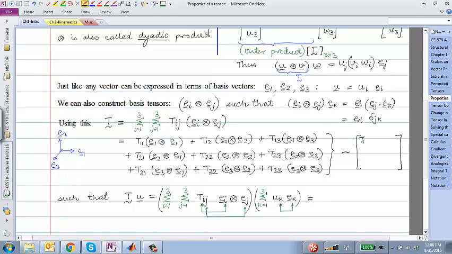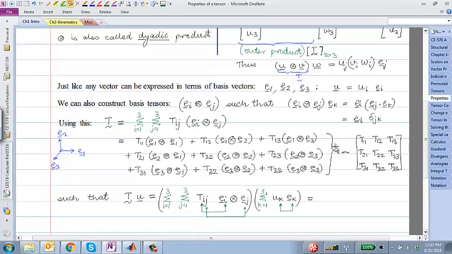So we have T11 E1 dyad E1 is referring to this 1 cross 1 position. E1 dyad E2 is referring to this 1 cross 2 position. T12, similarly T13, T21, T22, T23, T31, T32, and T33.